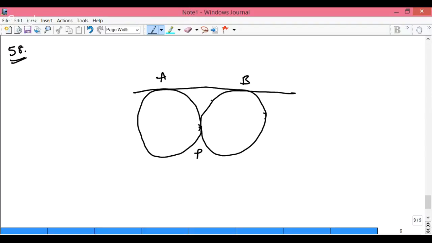P, A, and B. Now P, B, and AP. It is given in the question that angle PAB is 35 degrees, and it is asking angle ABP. This angle he is asking.